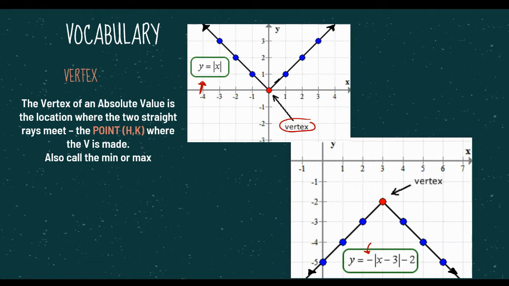That means it reflects the graph upside down. And again, here we're just showing you where the vertex is at. Okay, so the vertex is at the red dot in the middle. V shape is how everything should come out. And the vertex is also called the minimum or the maximum. So if you look, the vertex is a minimum. Here, the vertex is the maximum of the graph on the bottom one.